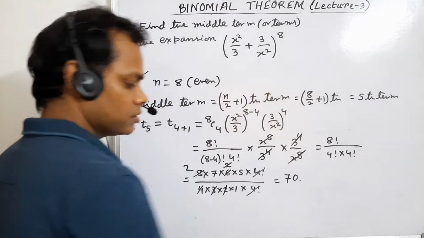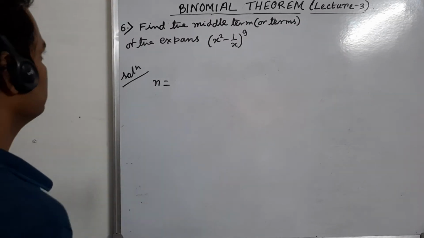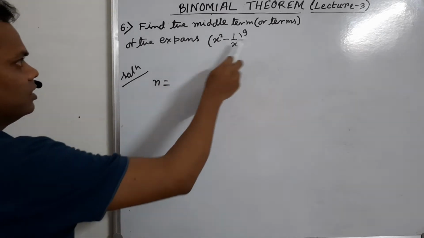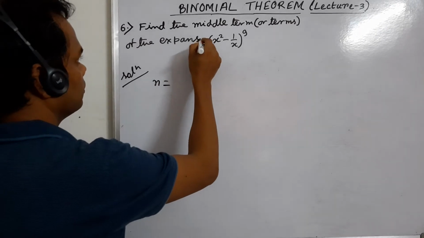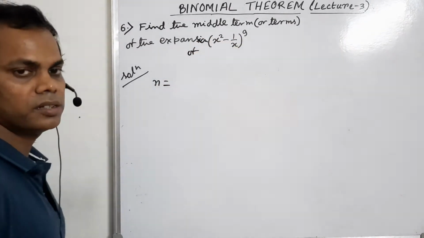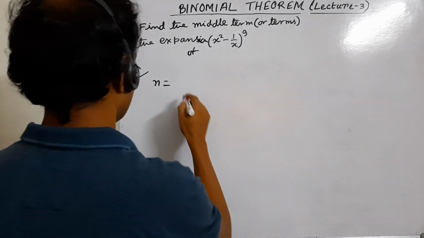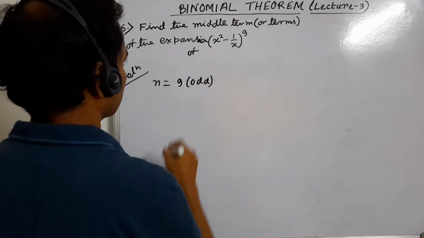The next sum is number 6. Find the middle term or terms of the expansion of (x square minus 1 by x) whole to the power 9. Here n equals 9, which is odd.